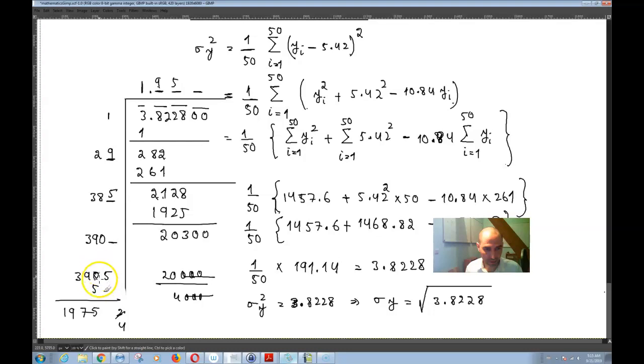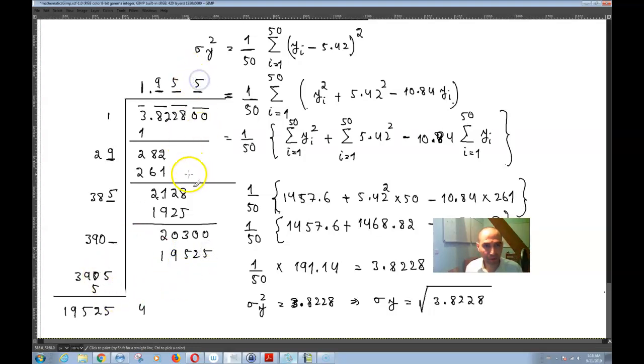So I would get 5 times 5. So I'll do this again. So you have 5 times 5 is equal to 25, 5 times 9 is equal to 45, 5 times 3 is equal to 15, 19, 19,525, and you get 5 here.